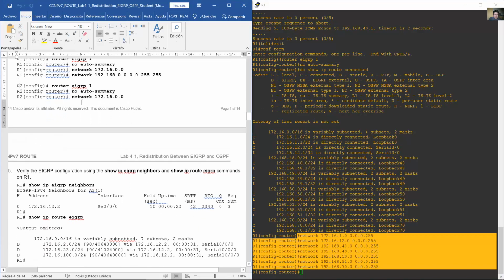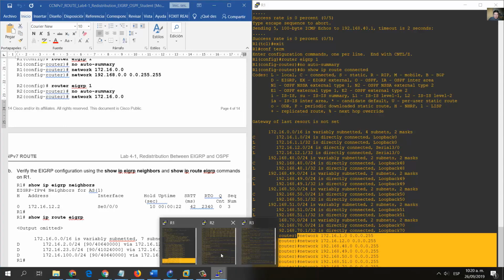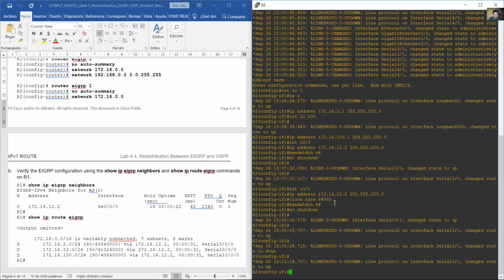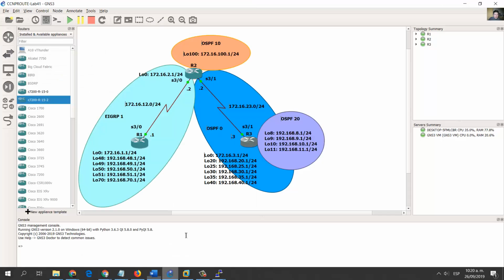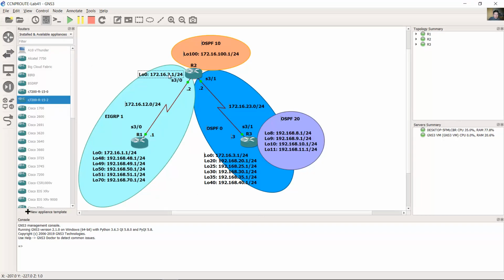Now configure R2. Exit router. Okay, and on router EIGRP, only configure loopback 0, 172.16.2.0 network. Okay, this and these two networks placed on EIGRP Autonomous System 1.